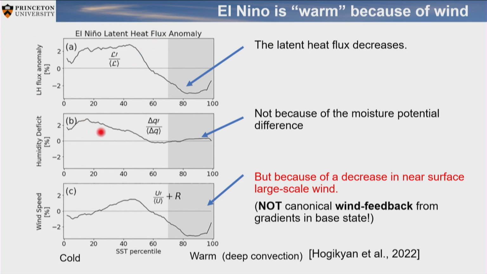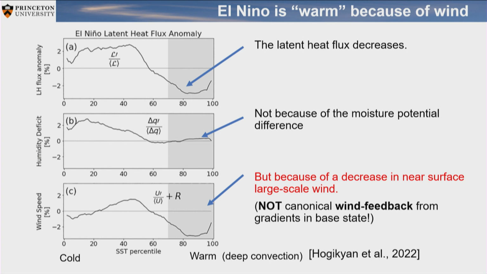So again, this is the cold end. We see an increase in the latent heat flux with warming, as expected. And at the warm end, we see a decrease of latent heat flux with warming. Okay? So if you think about the bulk equation for the evaporative formulation, it's proportional to a moisture deficit, and the wind speed also plays an important role.